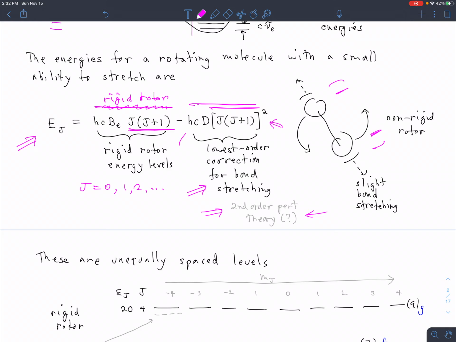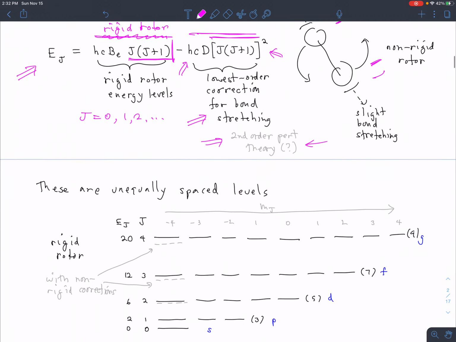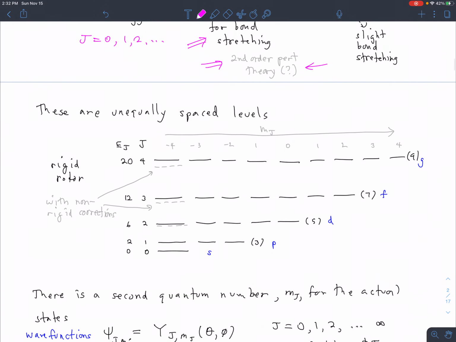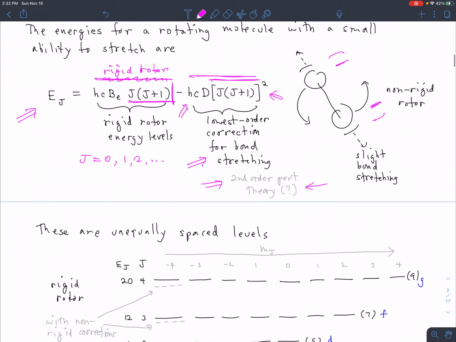If we ignore this second term for now and just look at the first term, then the ladder of states looks like this. For J equals 0, there's just one state. For J equals 1, if I put a 1 in here, then I get a 2 from all of this, times a 1 over here, so I'll get 2 times hcB sub e.